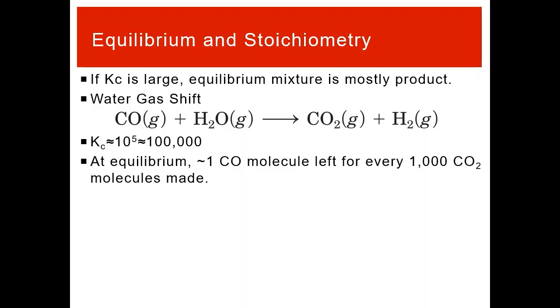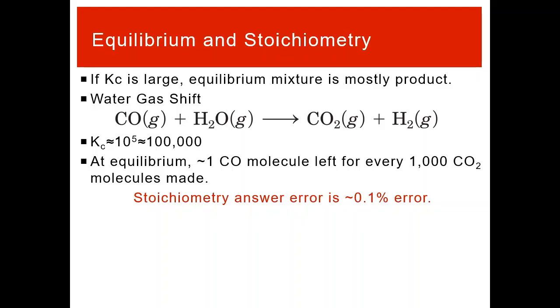For every 1,000 product molecules of CO2, there's about 1 reactant molecule left over. And so what that means is our stoichiometry answer has an error of about 0.1%. Not that bad. Again, not that big a deal. Generally, if you put in 10 grams of CO and you want to figure out the mass of CO2 you get, you'll be fine using stoichiometry because it's going to be really close to the correct answer.